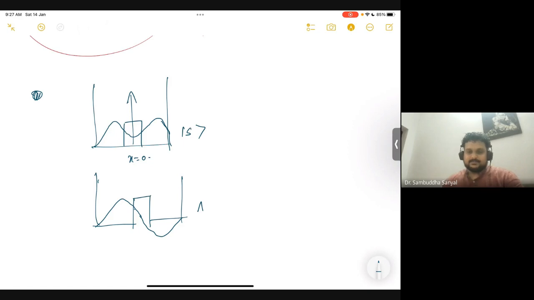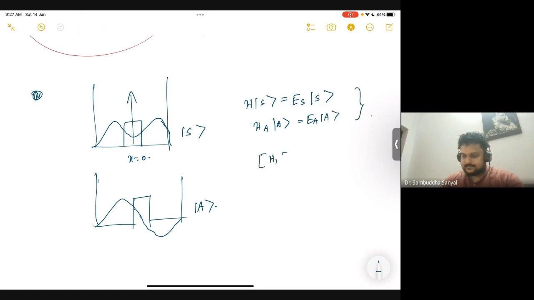We also said that H is parity symmetric because the Hamiltonian itself has a parity symmetry. So I can write the commutator of H and pi equal to 0. Also, we argued that ES must be less than EA because EA has a node.